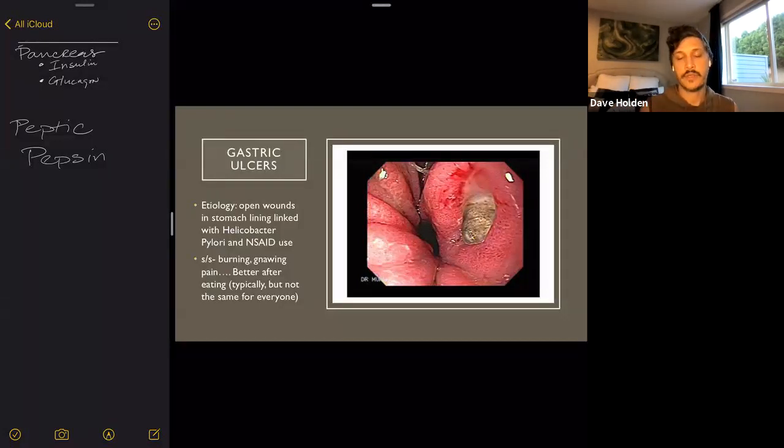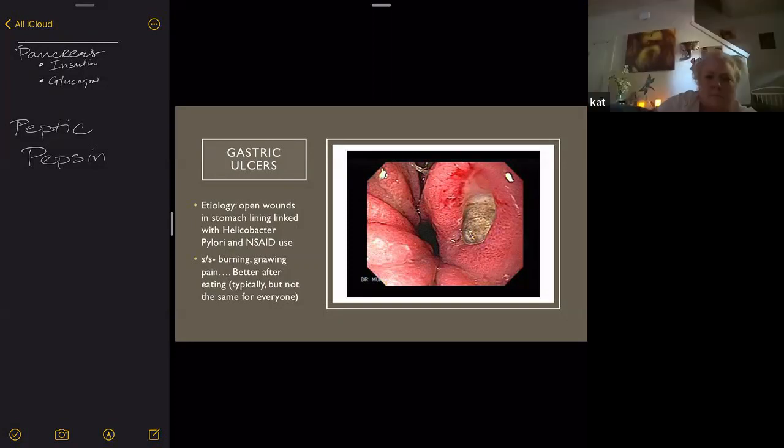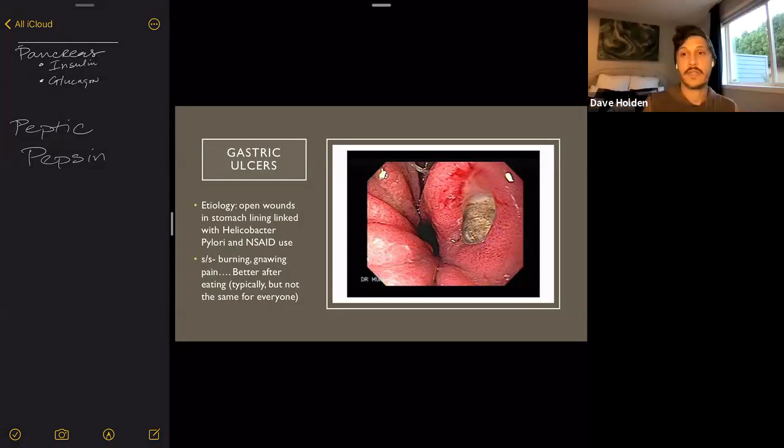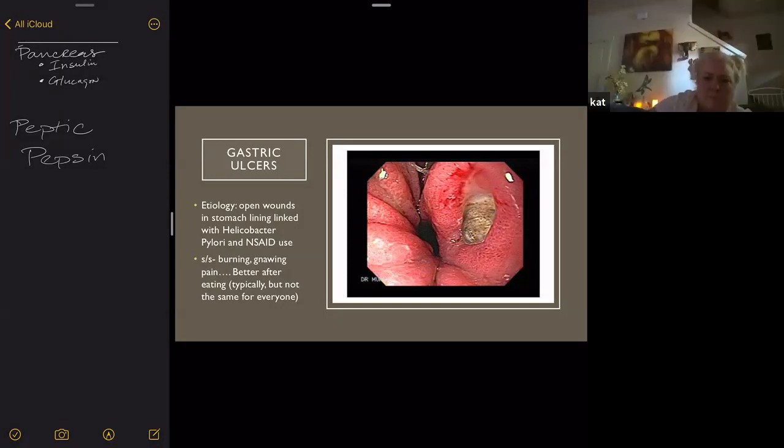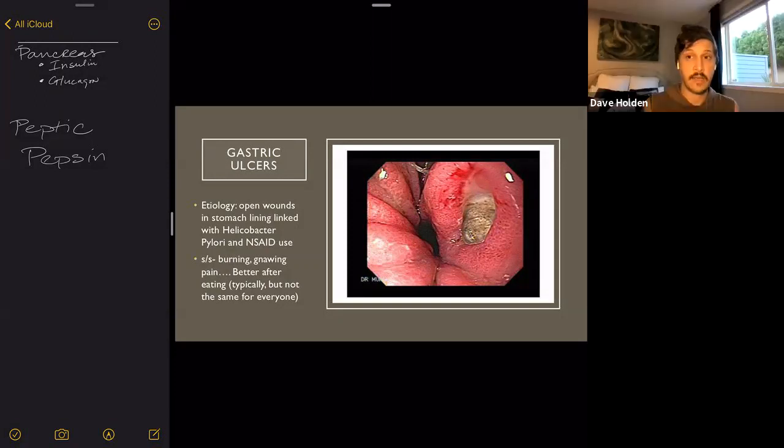So peptic ulcers have this long history of being associated with stress. And I'm sure your grandparents will tell you, like, oh, don't stress out, you'll give yourself ulcers. Generally, what they were witnessing was a correlation between stress and people erupting with ulcers. Nowadays, we understand that the root cause of them is oftentimes a bacterial infection.